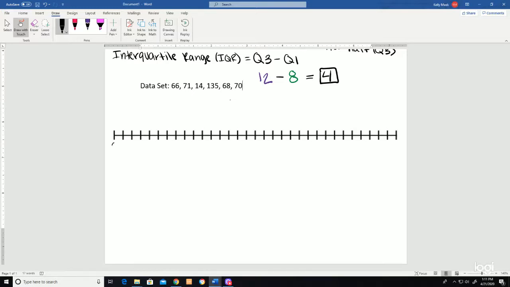So we're going to start at 0, 5, 10, 15, 20, 25, 30, 35. A little smushed here.